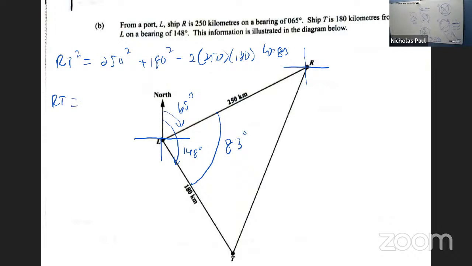Work it out, square root one time. How much is that? 289. It's 289.7, so let me go to 290. Okay, 290 kilometers.